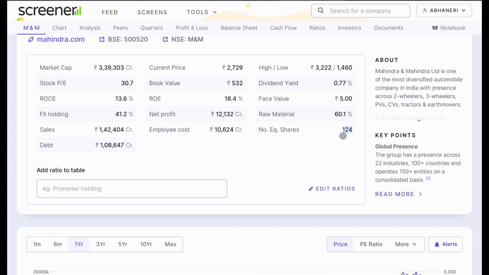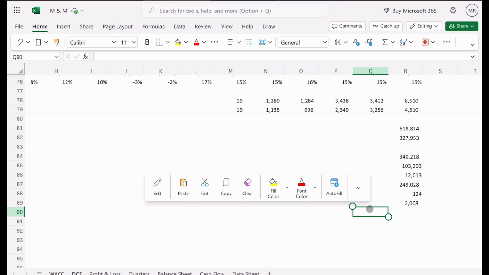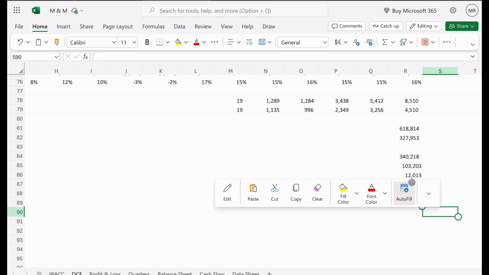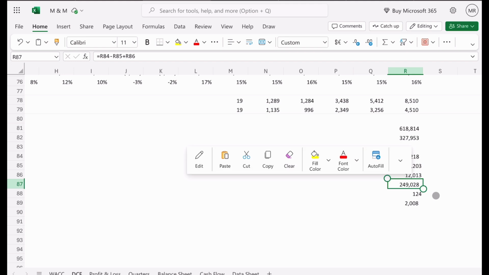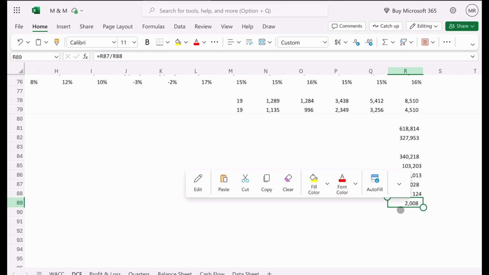All the figures are in crore, so it's not a problem. So we divide this number by the total number of equity shares. So our value comes out to be 2008 rupees per share.